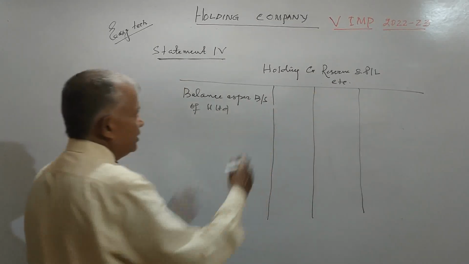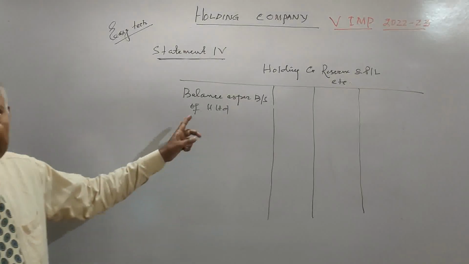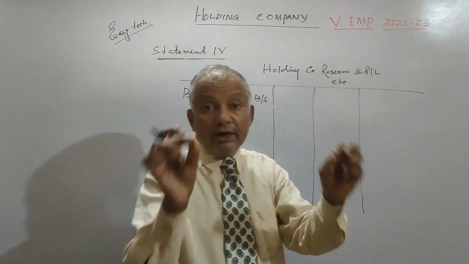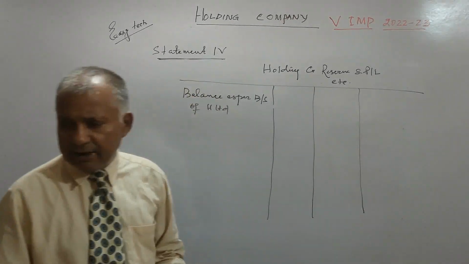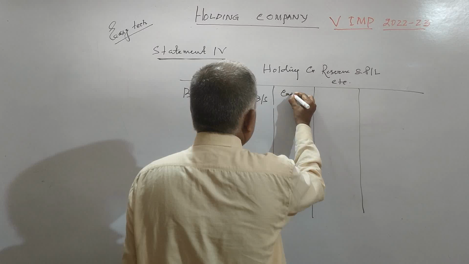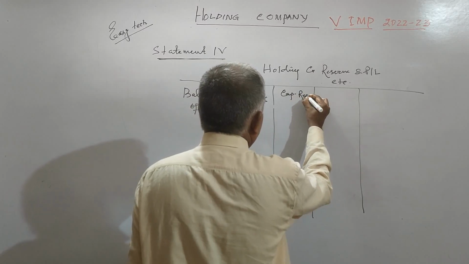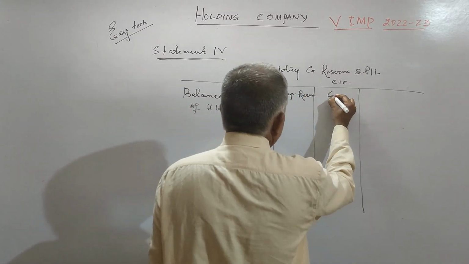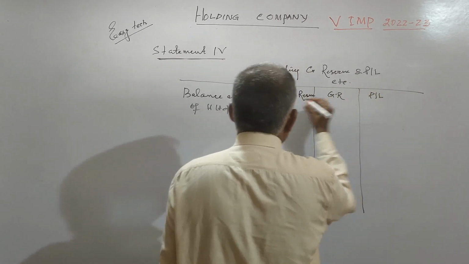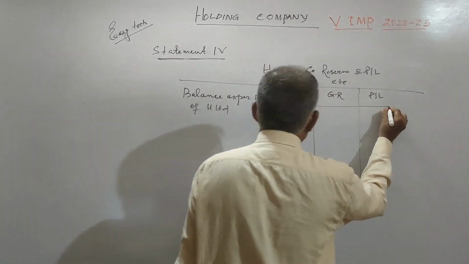When you are taking this, please note that we will take the opening balance as per holding company. And the balance which have been given, this is your capital reserve, this is your general reserve, this is your PL. Right?